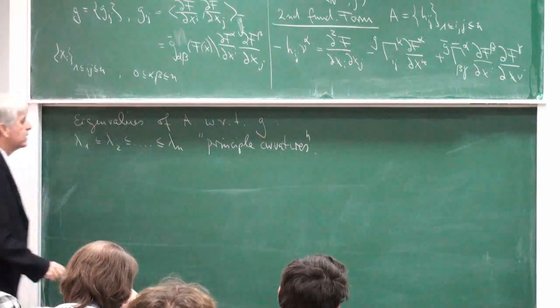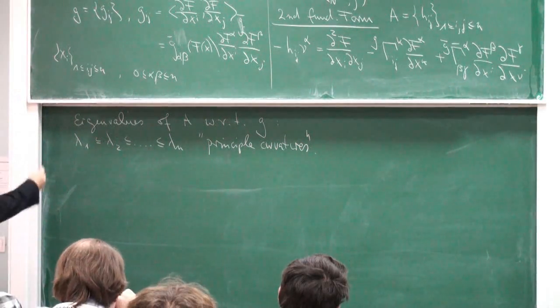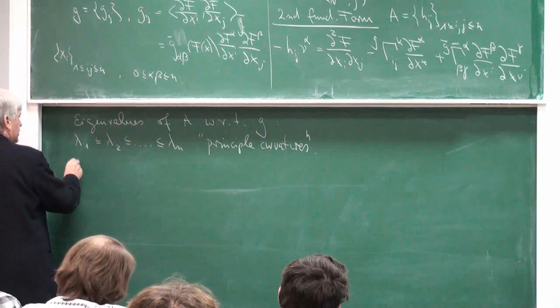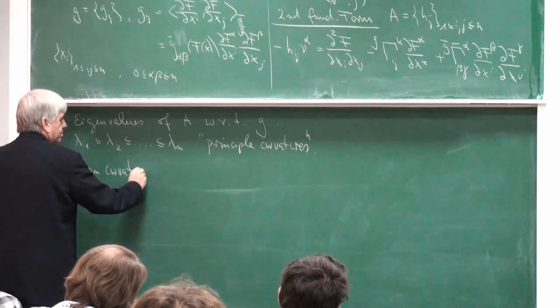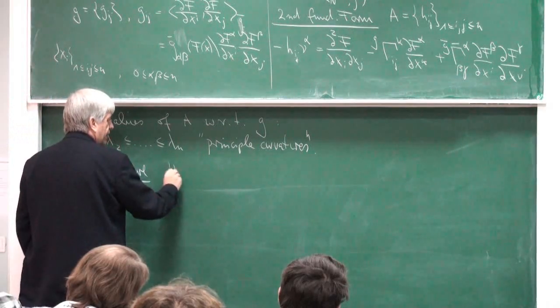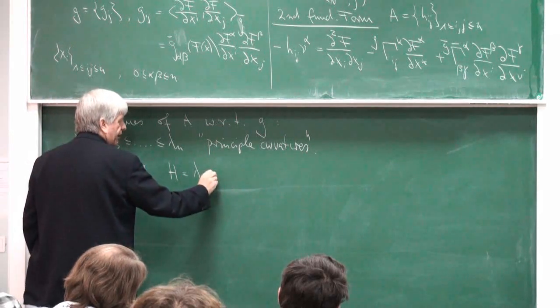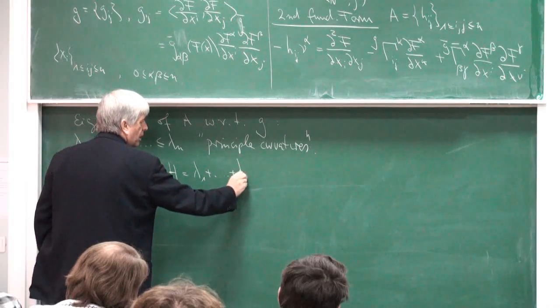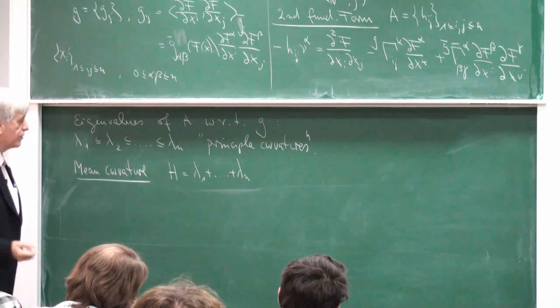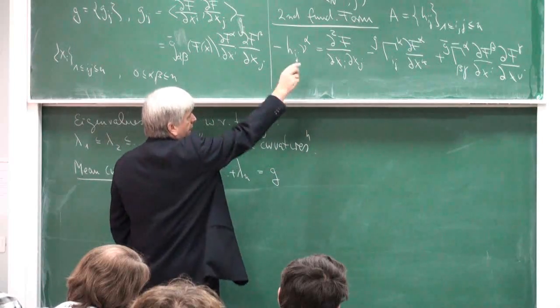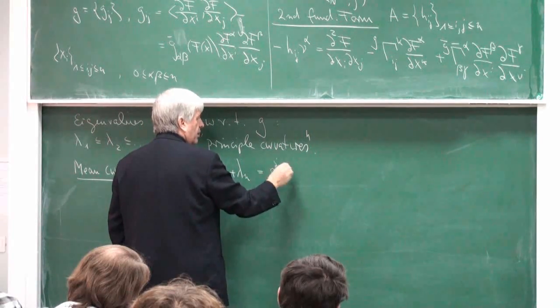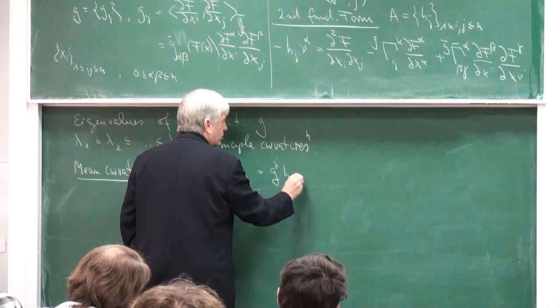Once we know the principal curvatures, we can define the mean curvature. The mean curvature H of the hypersurface is just the sum of the eigenvalues, or in other words, the trace of the second fundamental form with respect to the metric.